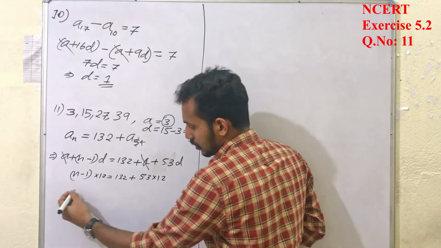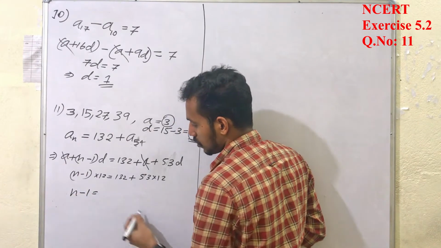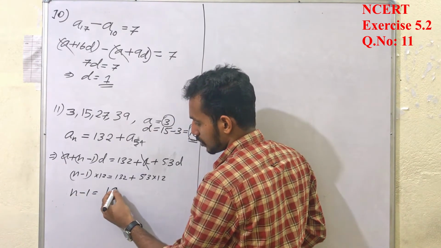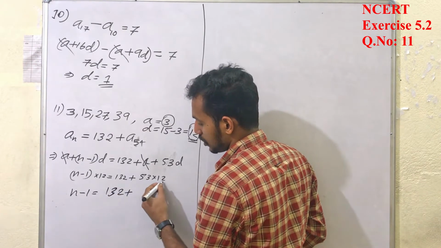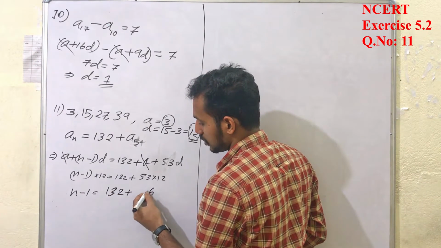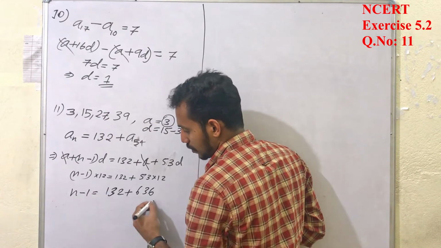That implies n minus 1 is equal to 132 plus 53 into 12, which is 636, divided by 12.